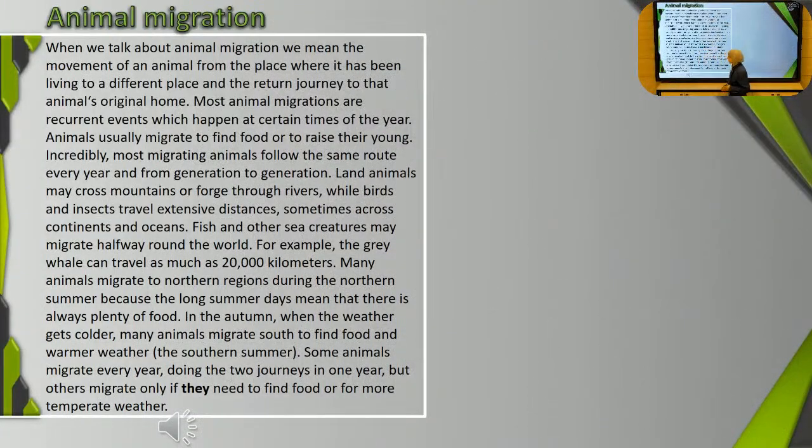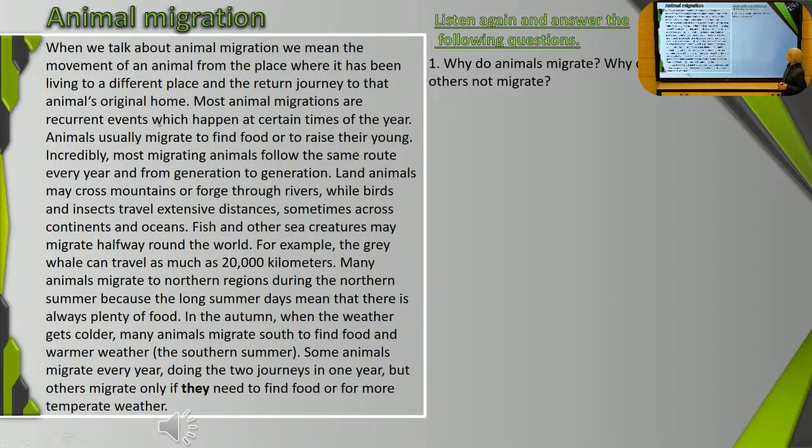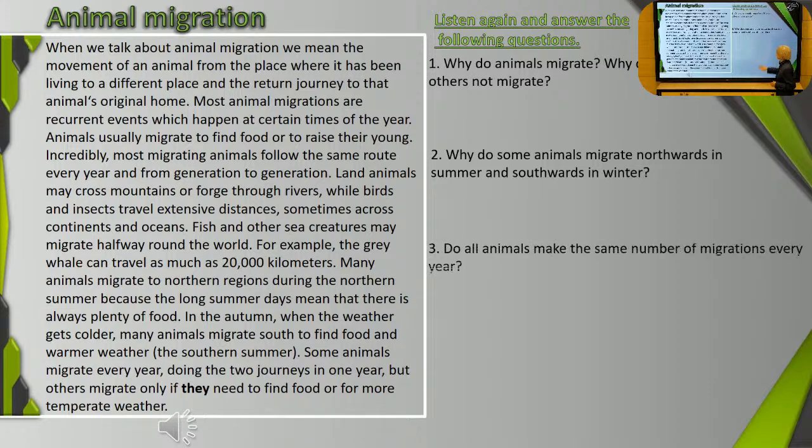Now let's move to the second slide. Here we have some questions about this text. Let's read the questions. Why do animals migrate? Why do others not migrate? The second question. Why do some animals migrate northwards in summer and southwards in winter?